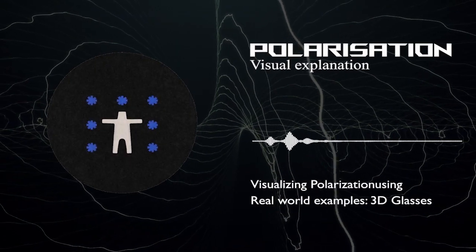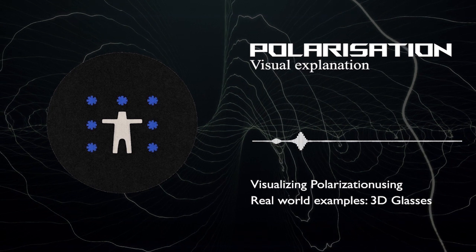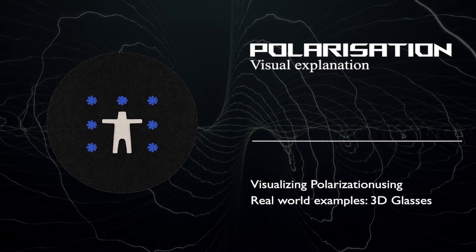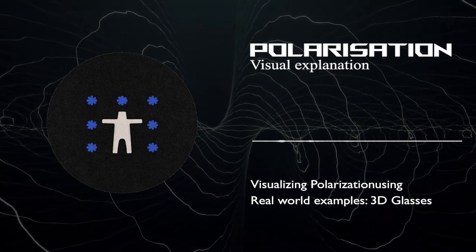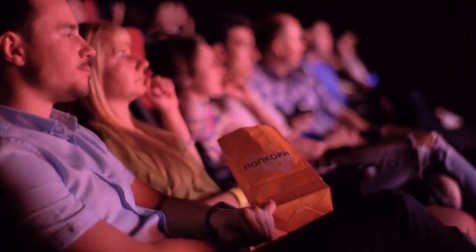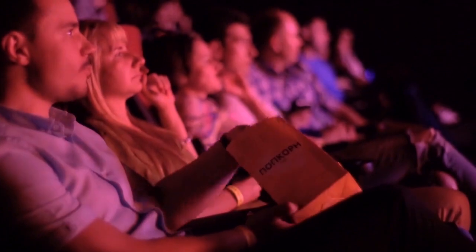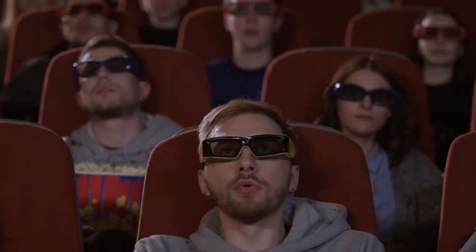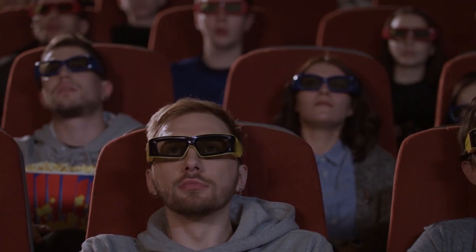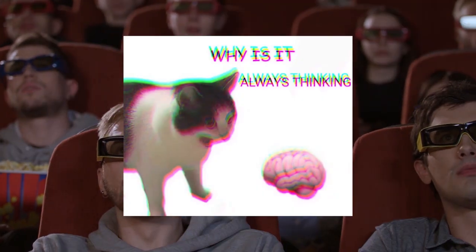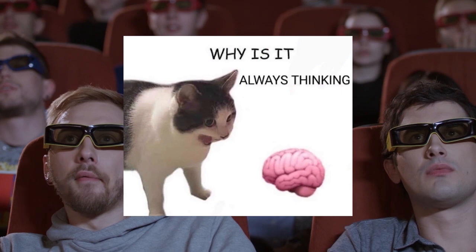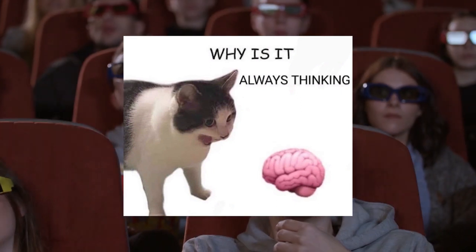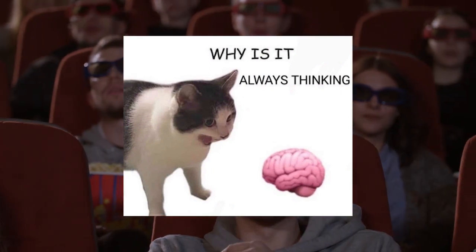Okay, so polarization. Quite a daunting name, isn't it? Well, you've actually experienced its effects if you've ever been to the cinema to watch a movie. The glasses that were given to you were in fact polarizers, as they can take this image and convert it into this image, which you perceive as 3D.